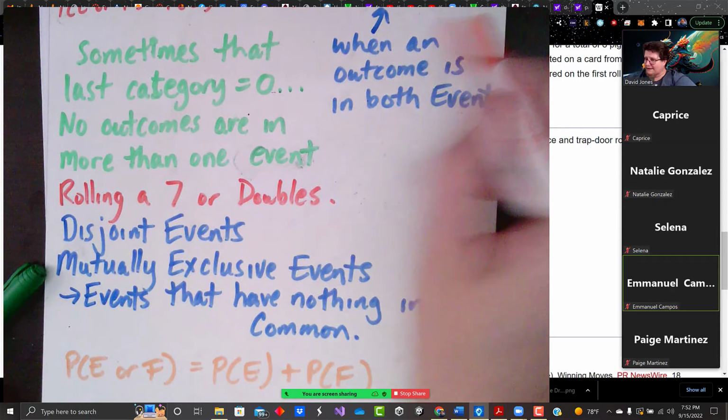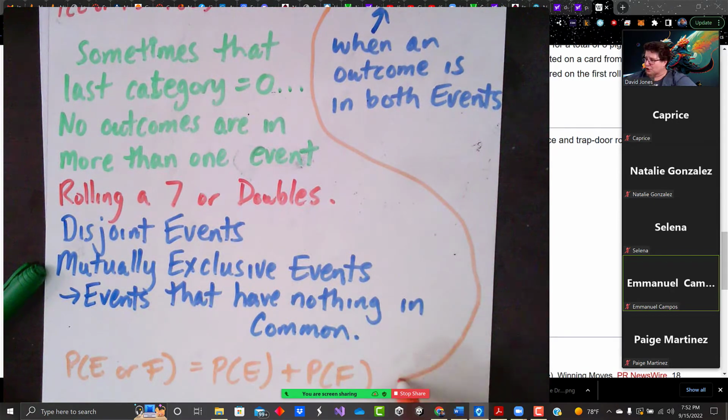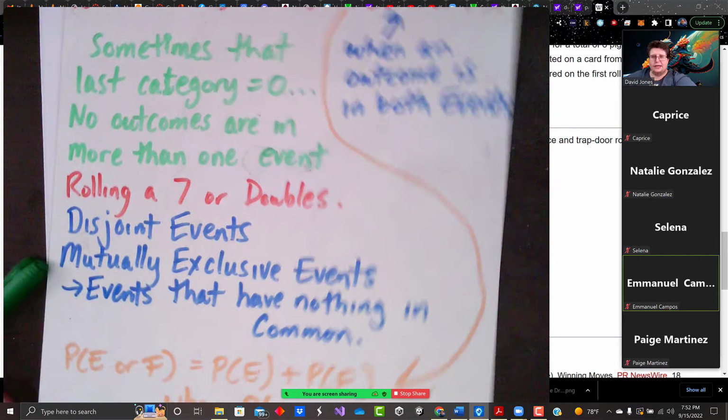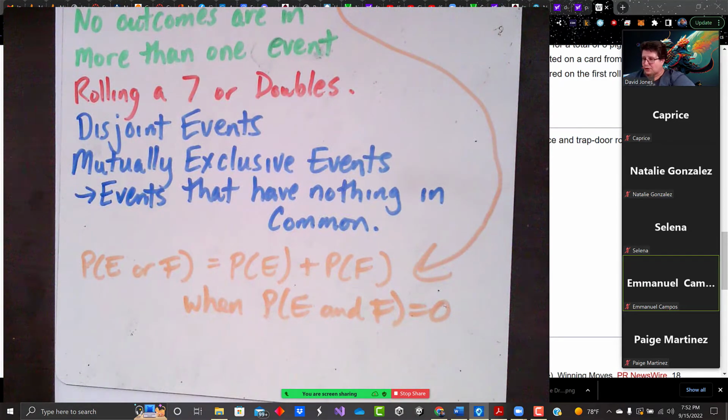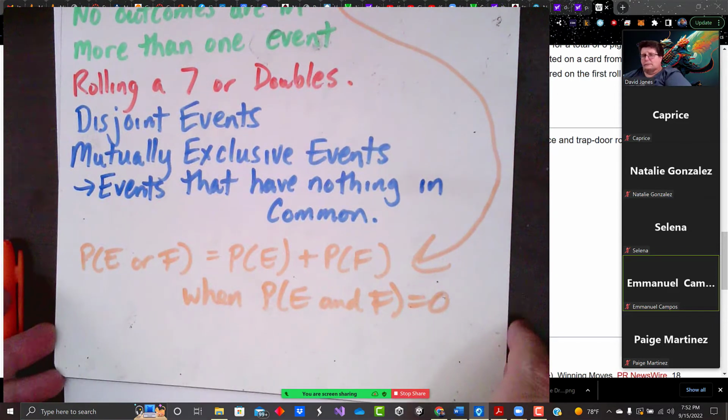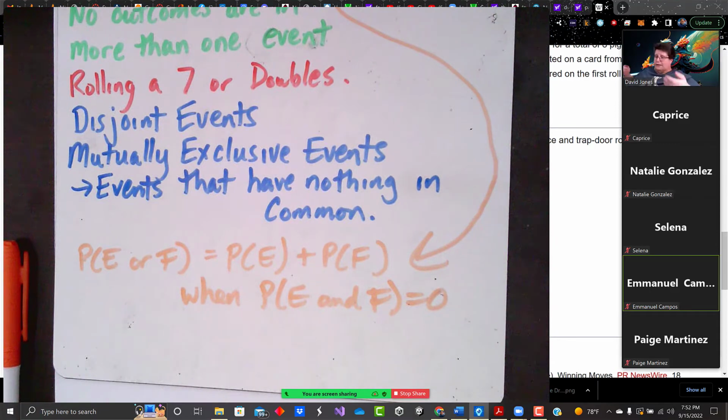And that equation up there turns into this when probability of E and F equals 0. So there's no need for two equations. Just do the one that has the minus 1 up top.